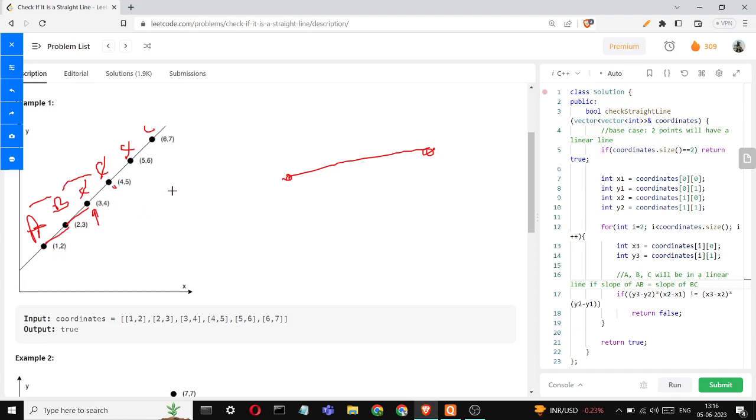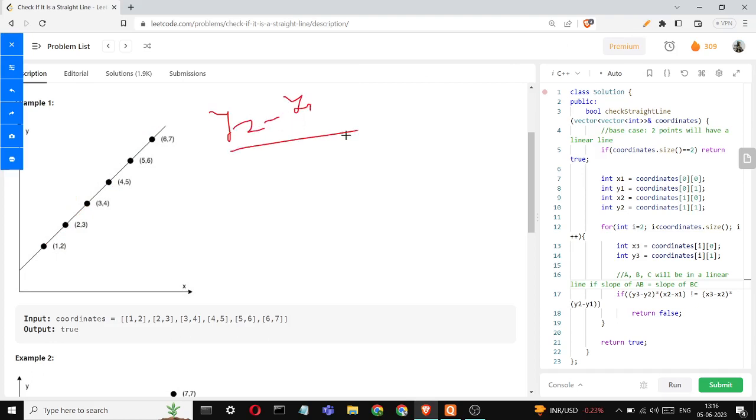Okay, so let me go through the code once. I have told you the formula is y2 minus y1 upon x2 minus x1, and here it is y3 minus y2 upon x3 minus x2.